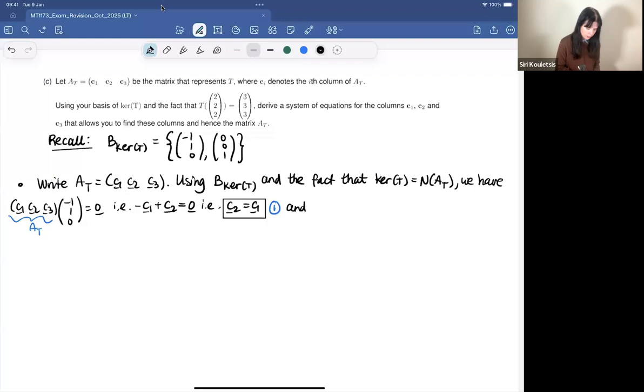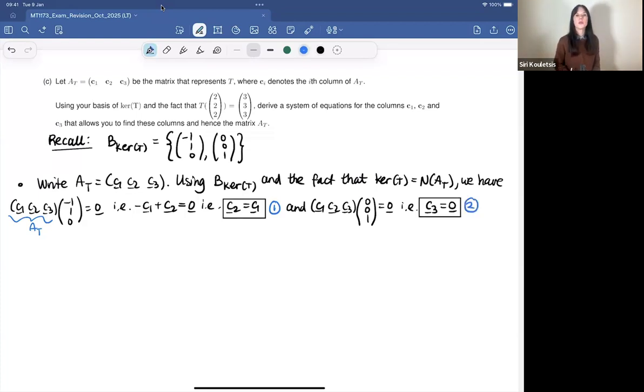Then also, A times a second vector there in our basis for the kernel is equal to the 0 vector, which tells us that C3 is simply the 0 vector. So that's equation 2 that we want to work out.